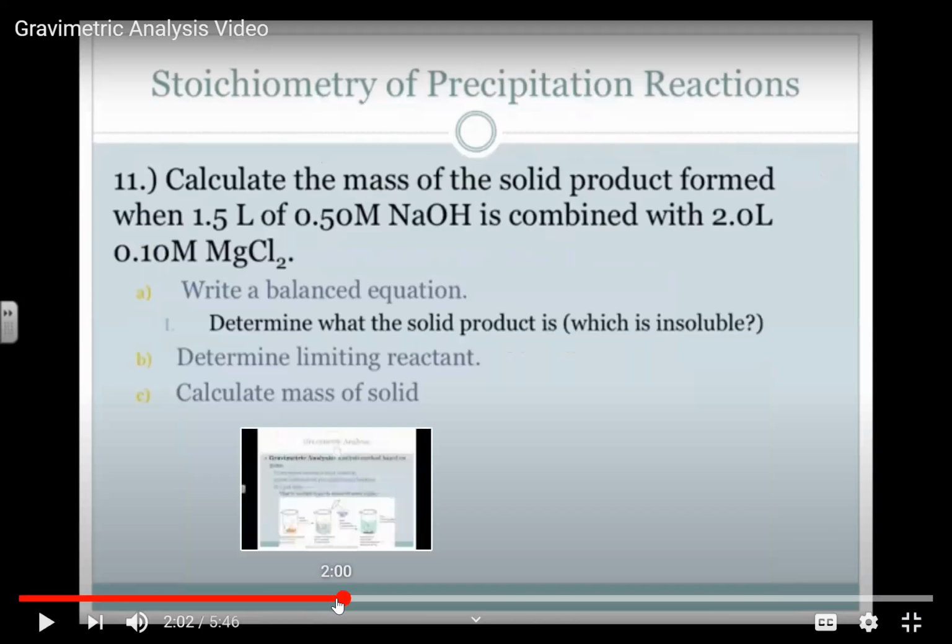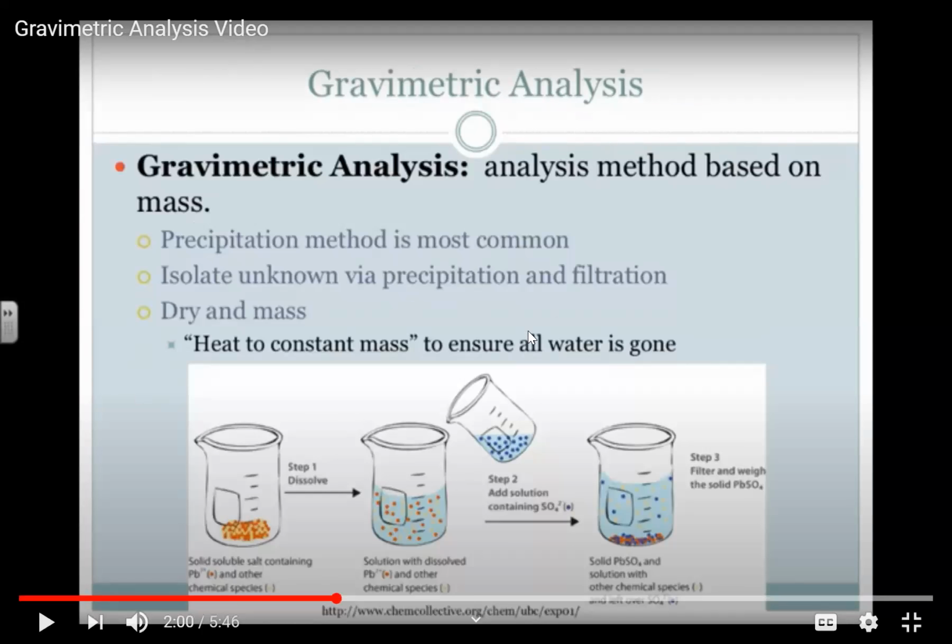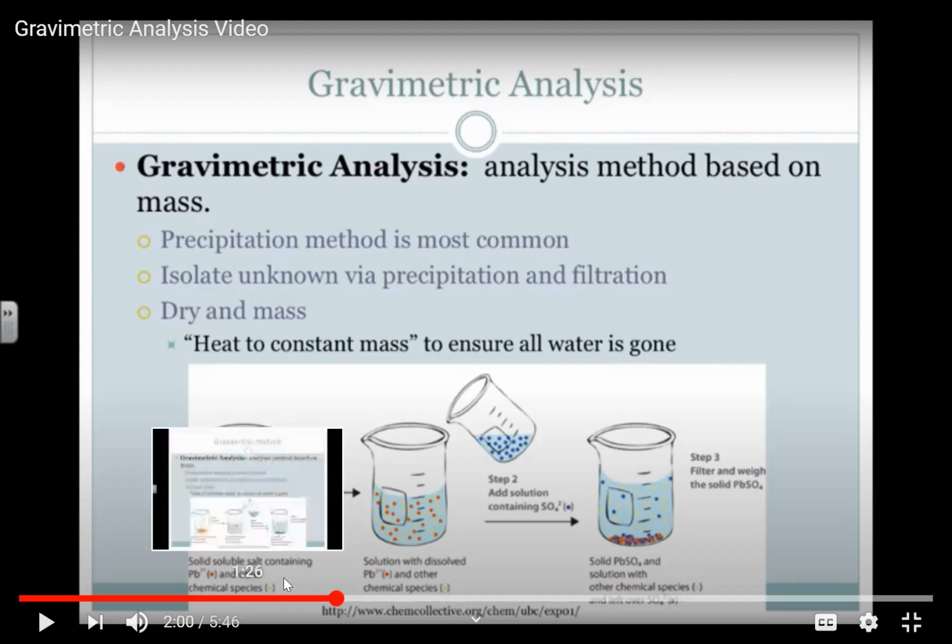Right. Now, if we look at the diagram showing the precipitation gravimetric analysis, the first thing you have in this analysis is a solid compound which contains your analyte and other chemical species.